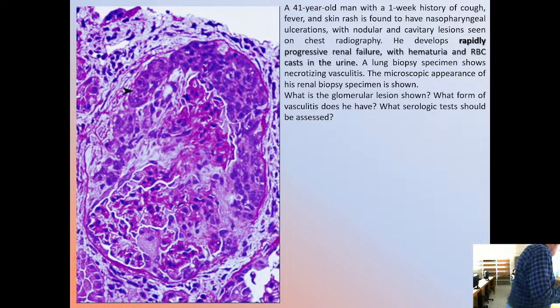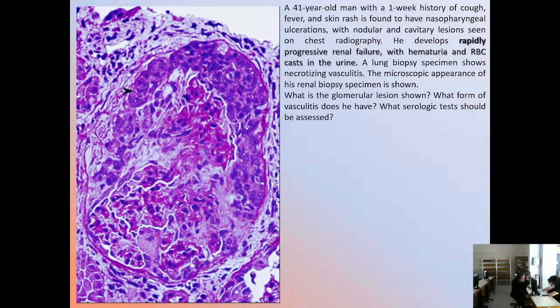Here we are. Now, do you see increased cellularity in this glomerulus? And where are the increased cells? Are they within the lumen? Are they in the mesangium or are they extracapillary? Or is there extracapillary proliferation? What do you think?